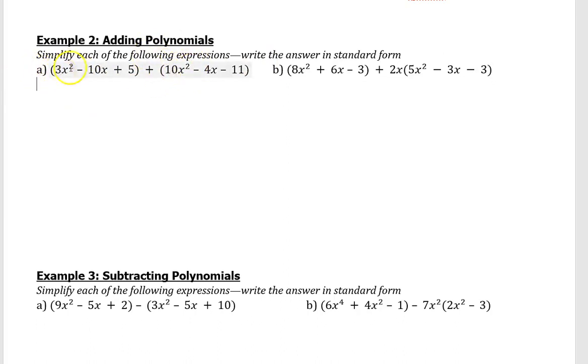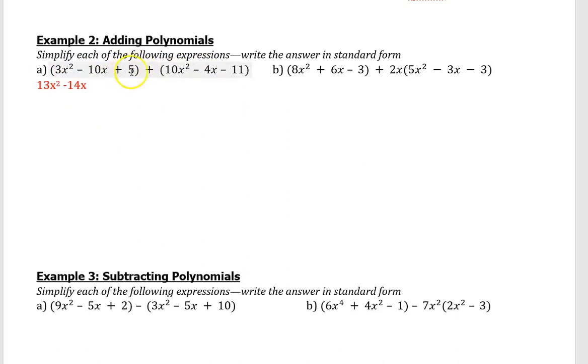If you're looking at this, I've got a 3x squared, and down here I've got a 10x squared. So to combine that, that would be 13x squared there. Now, in terms of your second term, negative 10x here, negative 4x here, so total would be negative 14x.